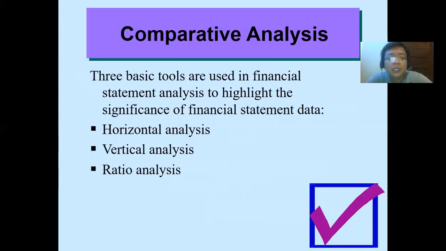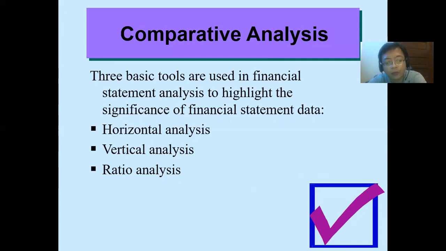Now, for comparative analysis, there are three basic tools in this FS analysis: horizontal analysis, vertical analysis, and ratio analysis. What do you mean by horizontal? It is more on trend analysis, meaning you just compare year by year. Vertical analysis is basically based on a common-size FS, so you have a denominator to compute this analysis.